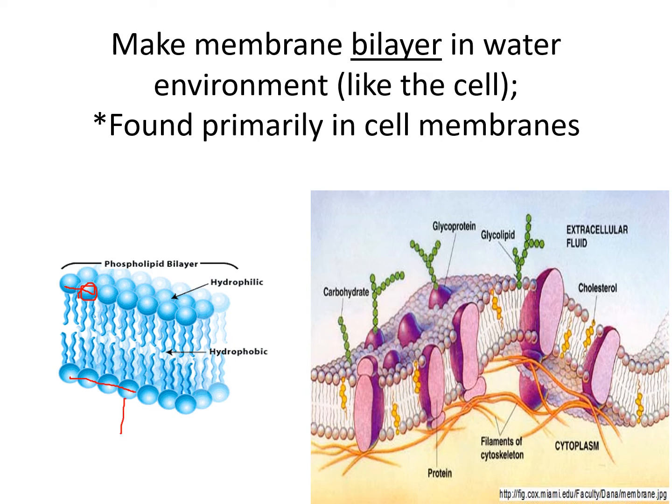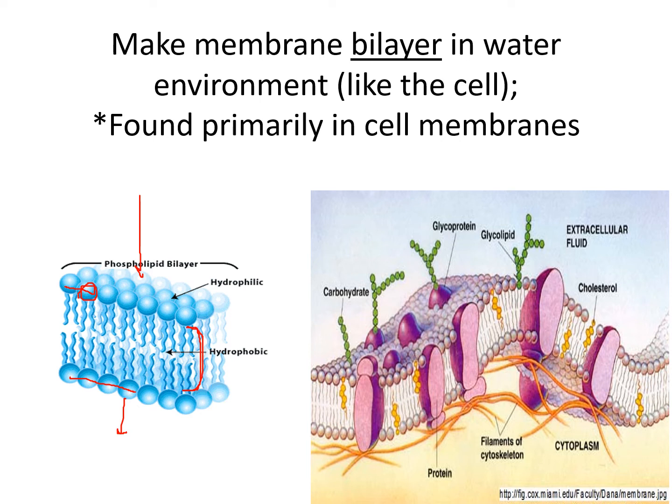So inside the cell is mostly water. It's okay to interact with that. Outside the cell is mostly water. This layer, good to go to interact with water. And in between, we have a somewhat thick layer of hydrophobic areas, right?